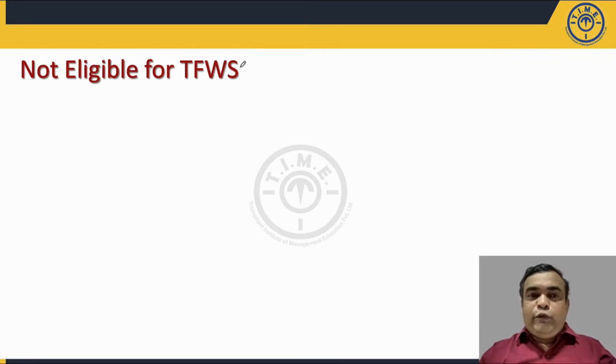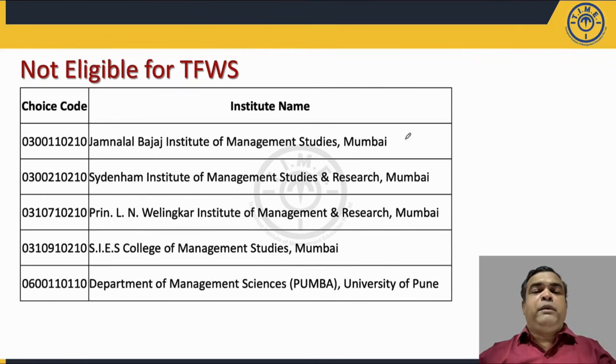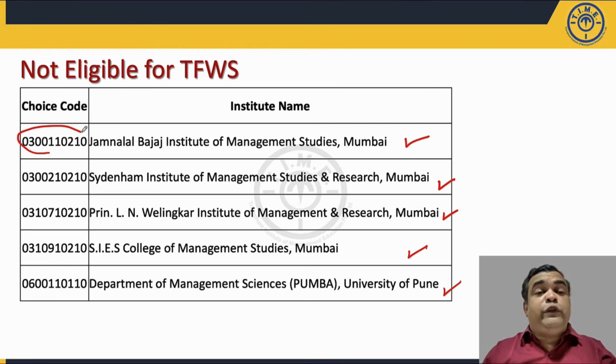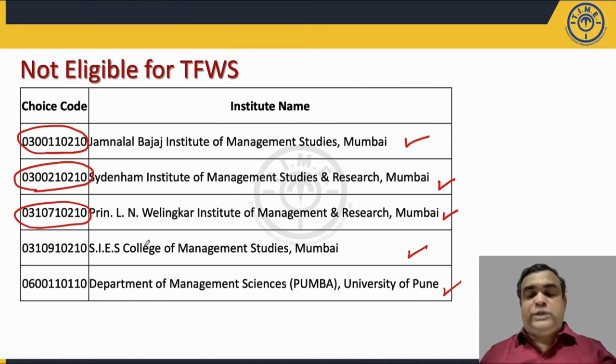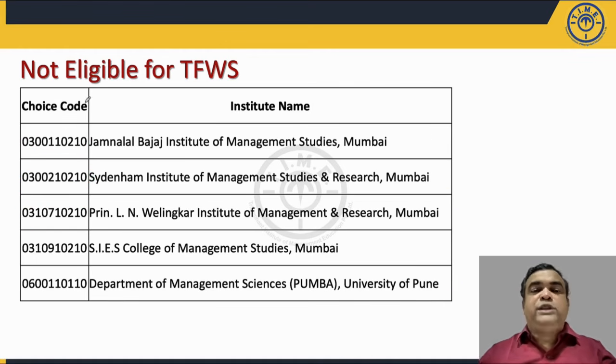What I have to do for each college, for example, I'll just show you the top 5 colleges. My number 1 is Bajaj, Sydenham, Wellingkar, SIES, Pumba. I'm just showing 5 colleges. So these are the choice codes you need to fill. You have to choose these choice codes, and you'll fill the choice codes in this order.